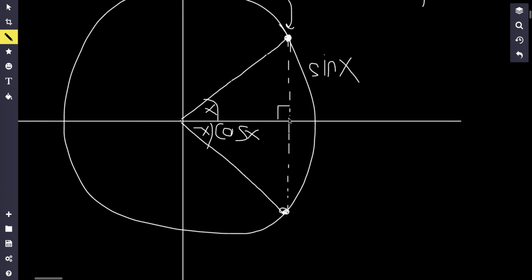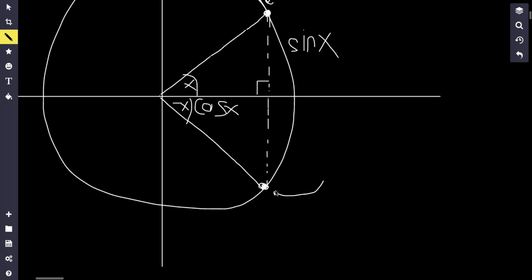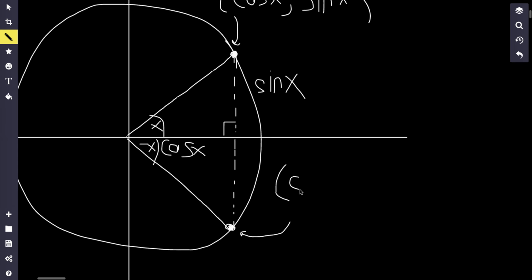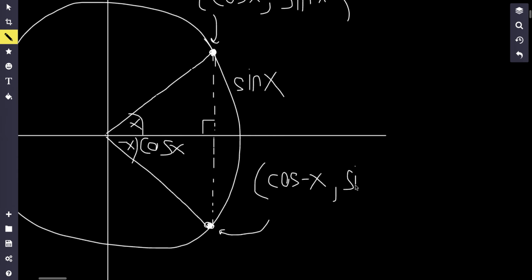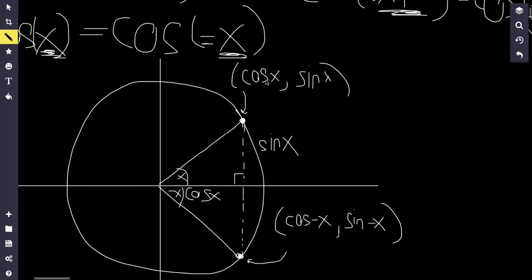So it's going to hit the unit circle at this point right over here. And we can label this point as cosine of negative x, comma, sine of negative x. Right, because any point on the unit circle is cosine of x, comma, sine of x.